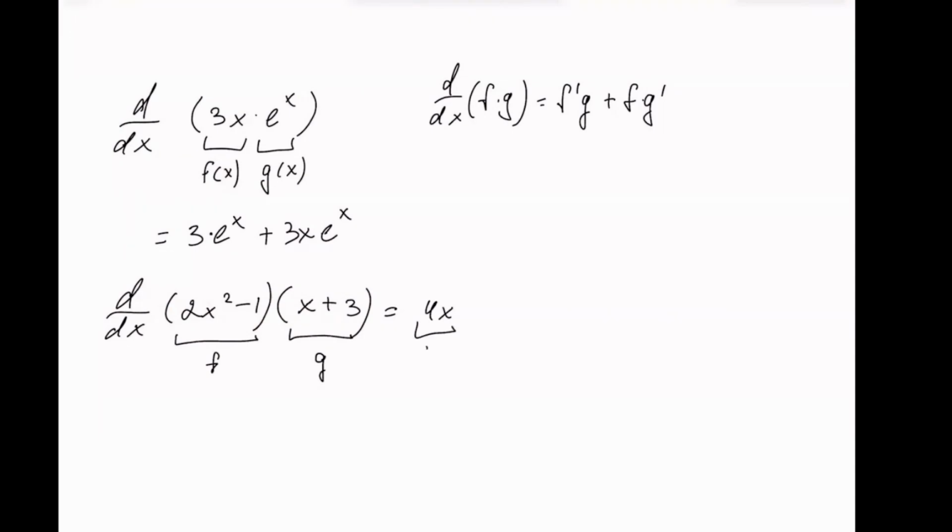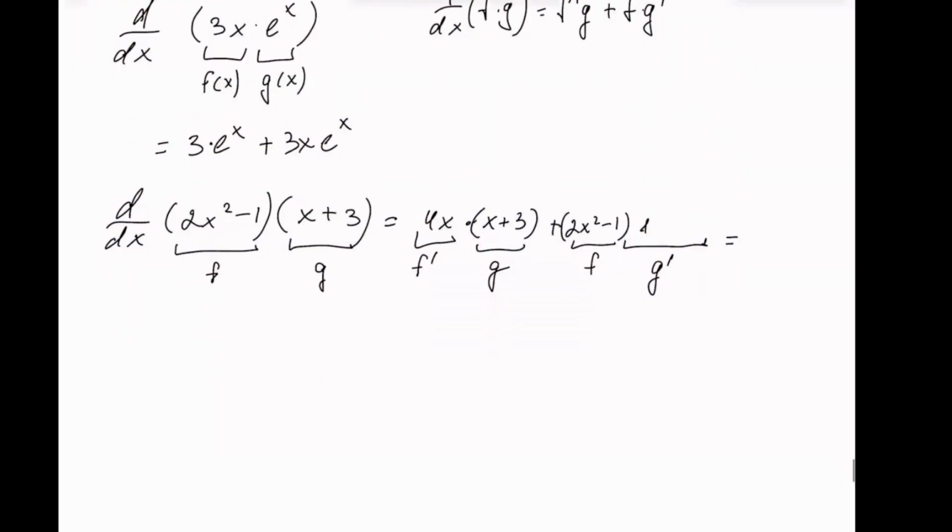So this is the derivative of f times just g, which is x plus 3. So this is just g, and then plus, now we rewrite the f and we take the derivative of g. So when we rewrite f, we have 2x squared minus 1, and the derivative of g will be derivative of x is 1 and derivative of 3 is 0, so we have just times 1.